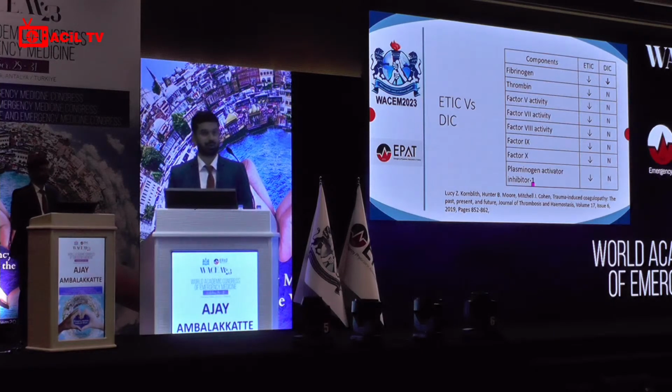Now there is always an ongoing debate whether ETIC is just another name for DIC. But if you look at the data, you can see that in ETIC thrombin levels are decreased, while in DIC it is normal. Factors 3, 5, 7, and 8 are decreased in ETIC, but normal in DIC. Plasminogen activator inhibitor is decreased in ETIC, while it is normal in DIC.